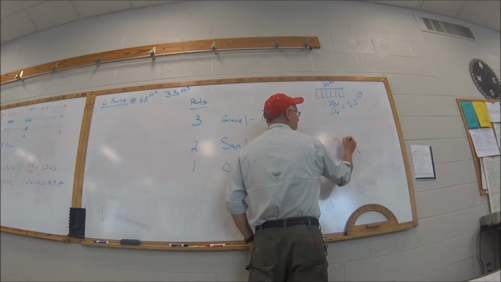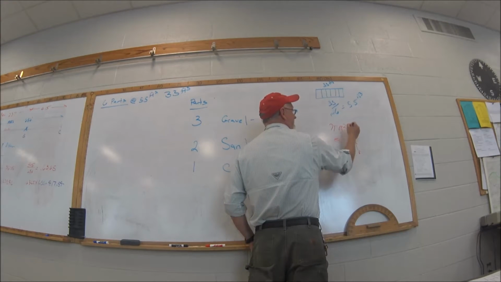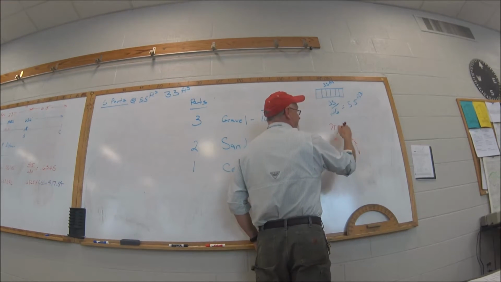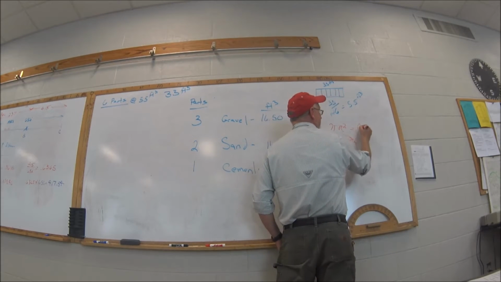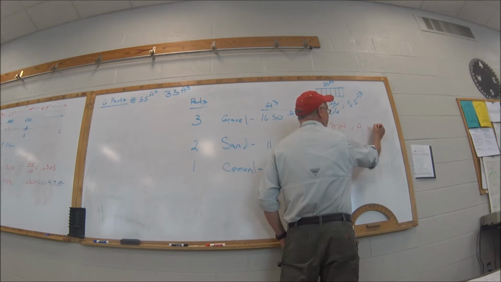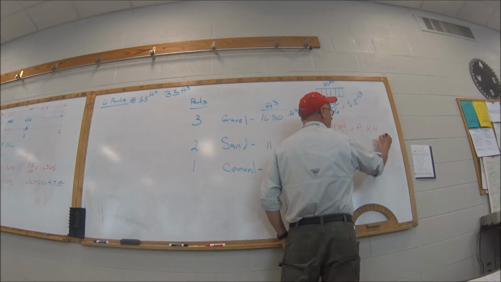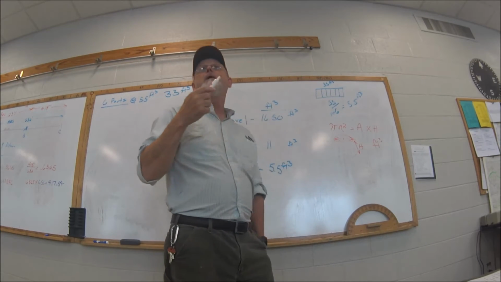Then you get the radius, so you do pi r squared to get the area of the bucket. Then you multiply that times h, the height, and that gives you the cubic feet of the bucket.